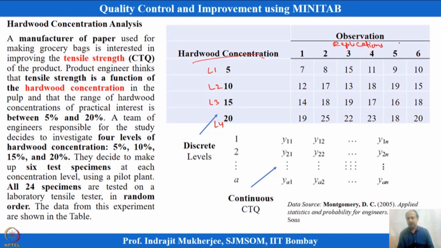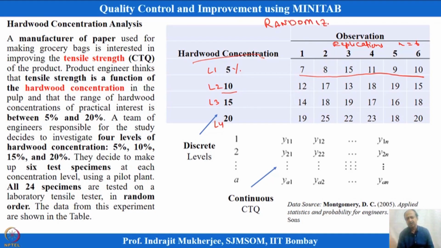And n equals 6 here, that means at 5% hardwood concentration the experiment was done with 6 different samples, and the 6 observations at 5% concentration are given here like this. Similarly at 10%, but this experiment was done randomly.